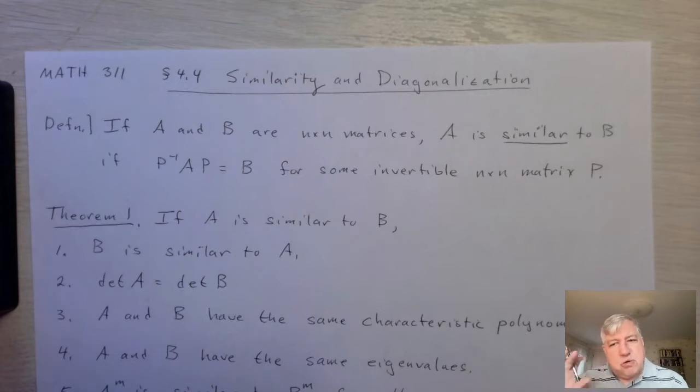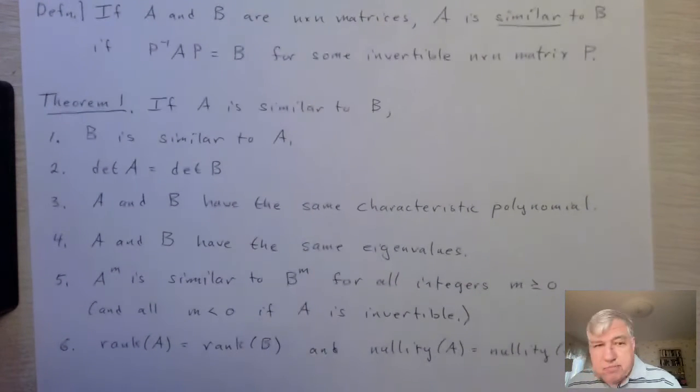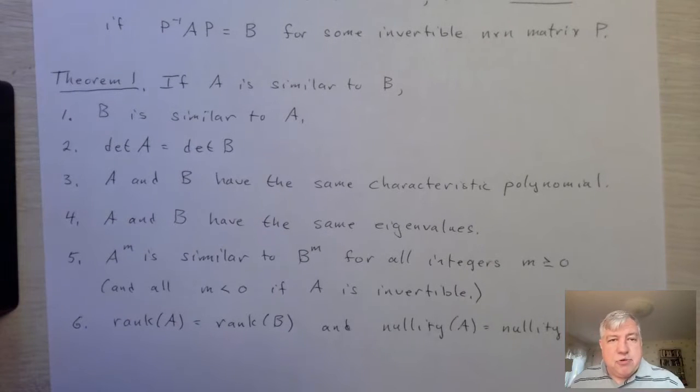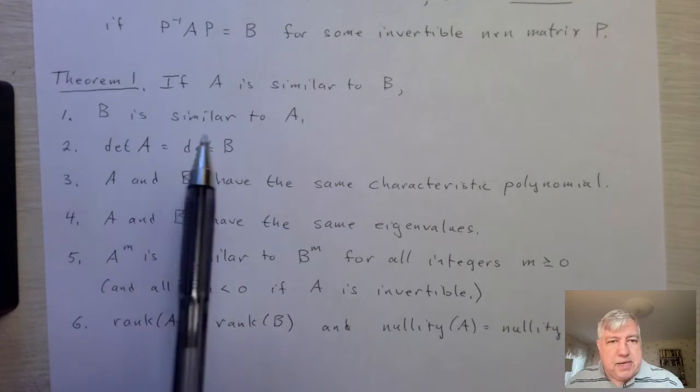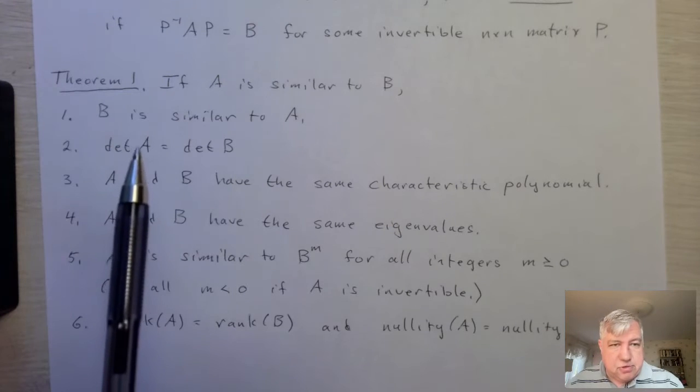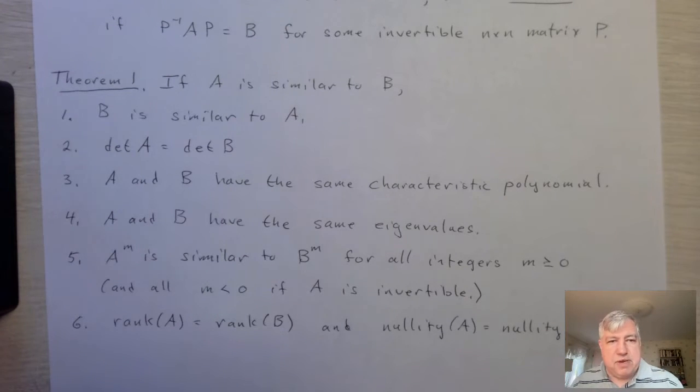We're not going to be using that last relation too much. But here are the relevant parts we have. If A is similar to B, then B is similar to A. The determinant of A and the determinant of B are the same. They have the same characteristic polynomial, and if that's the case, then they have the same eigenvalues.